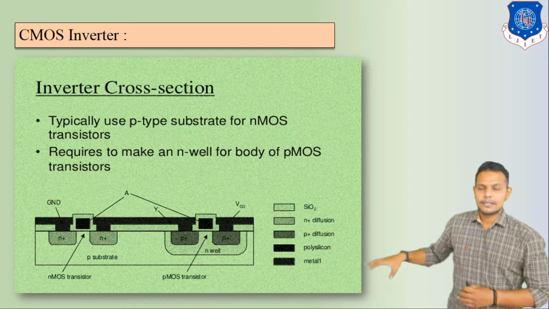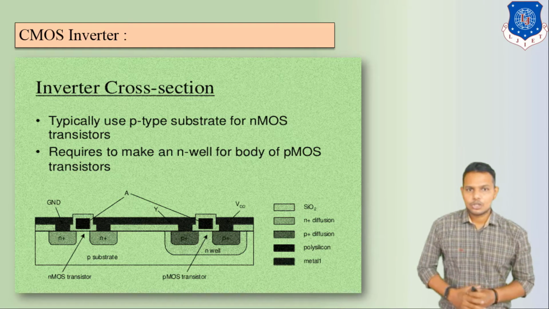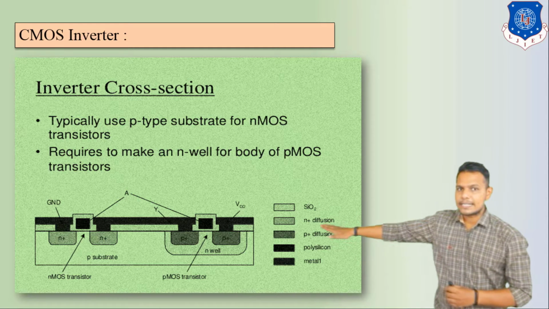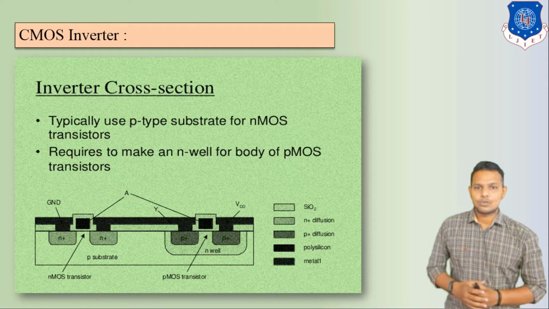So this is the circuit connection of the CMOS inverter. In between we can see one layer known as silicon dioxide.